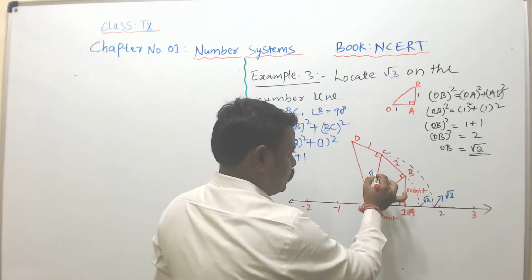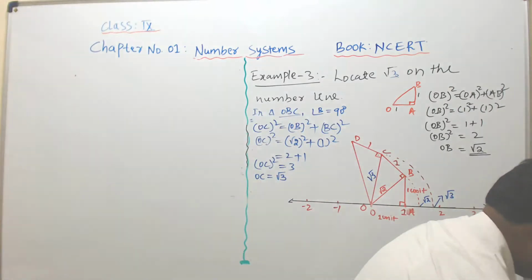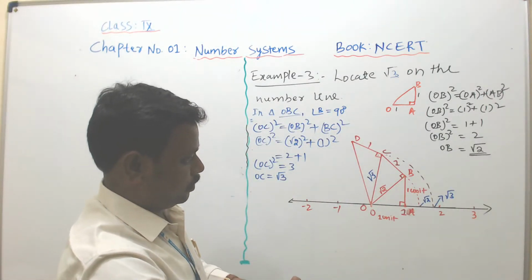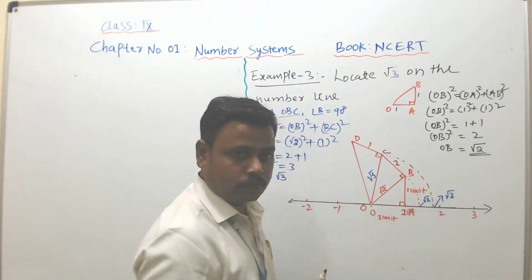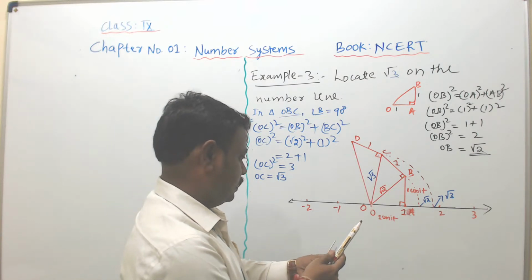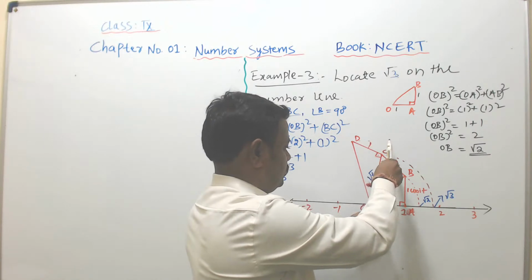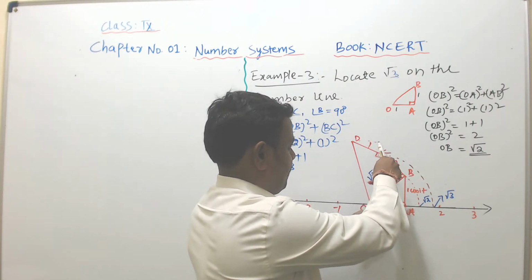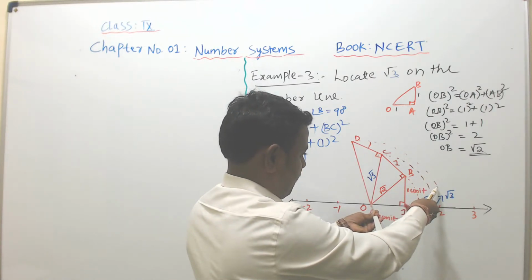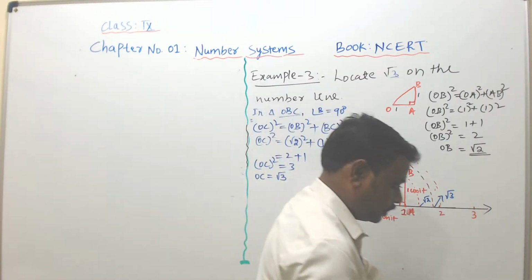Next, root 3, by applying Pythagoras theorem, once again we get root 4. Exactly, it will come on that. Measure here to here, root 4 on the number line. Just you can see.